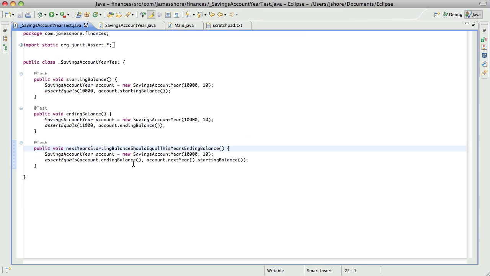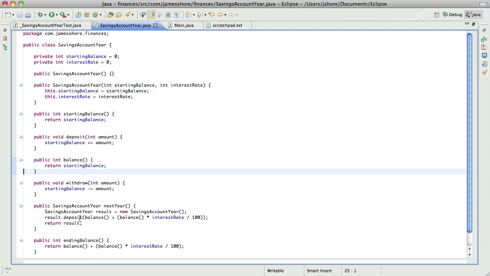Probably because we're passing in the interest rate, and that's being saved, and it's just redoing this calculation. But now I think I can change this to say that our new year is going to start with our ending balance. Let's make that really explicit.